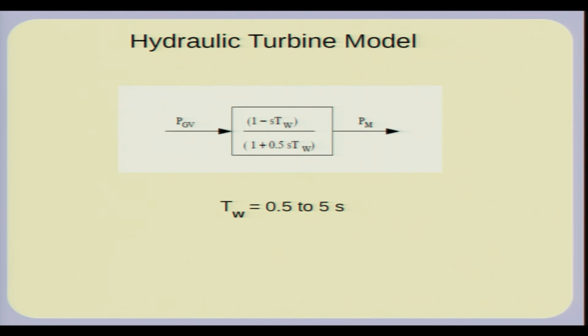Now, one of the interesting things about this model is that it is what is known as a non-minimum phase transfer function, or it has got a 0 on the right hand side of the complex plane.